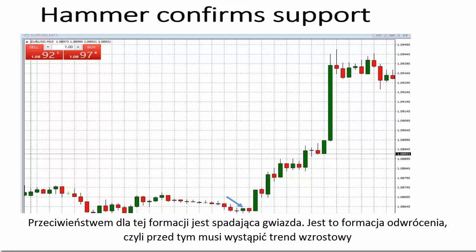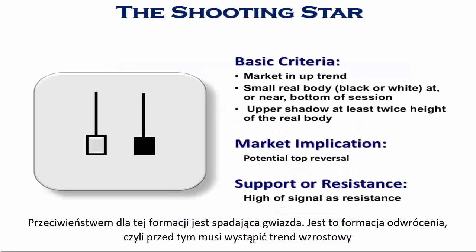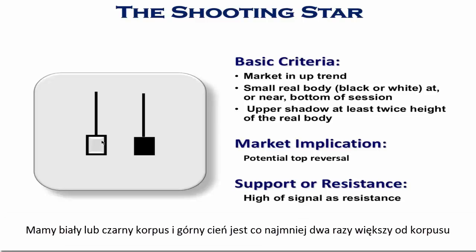And the opposite of the hammer is the shooting star. Now, because candlestick signals are reversals, that means the market has to be in a short-term uptrend. The market has to be in an uptrend. And we have a white or black real body, and the upper shadow is at least 2 times the height.